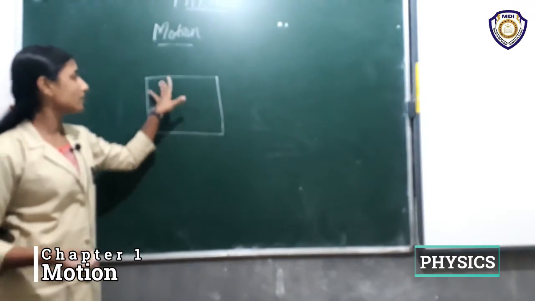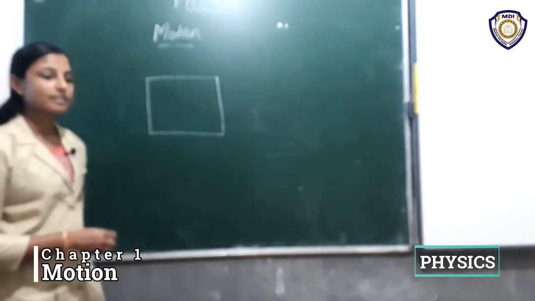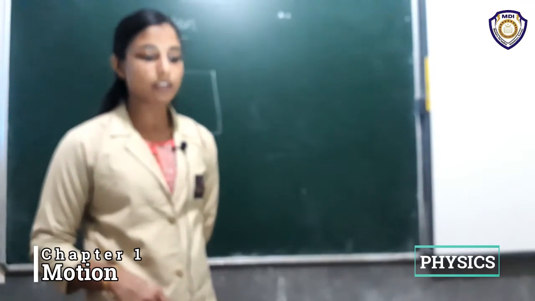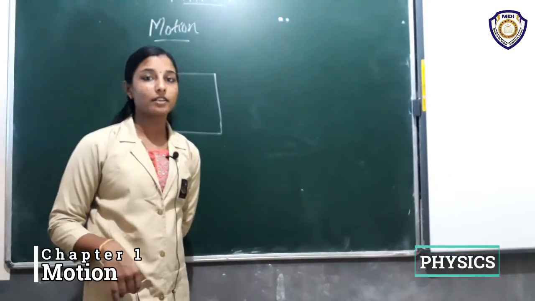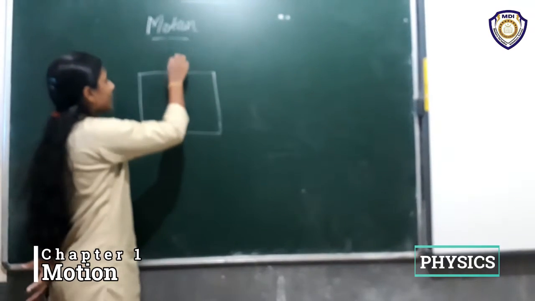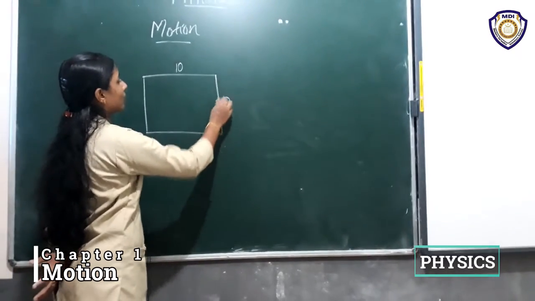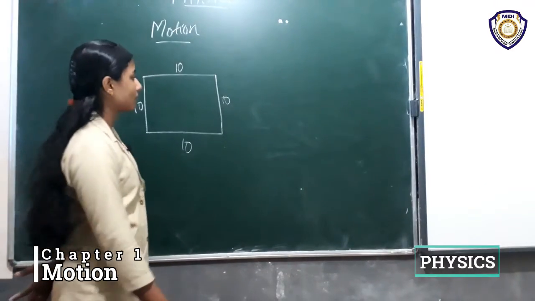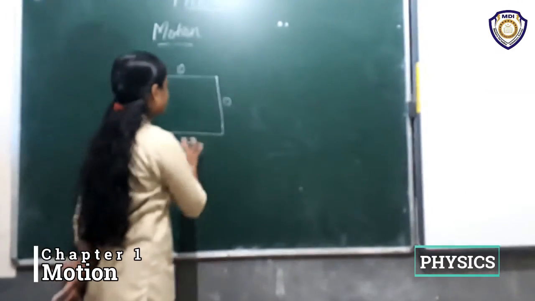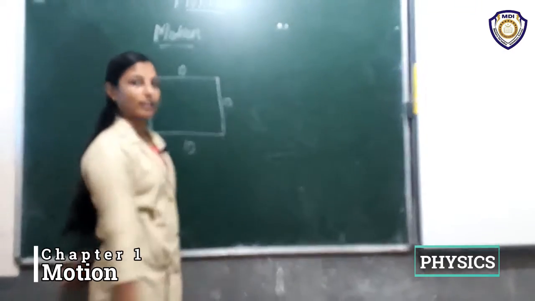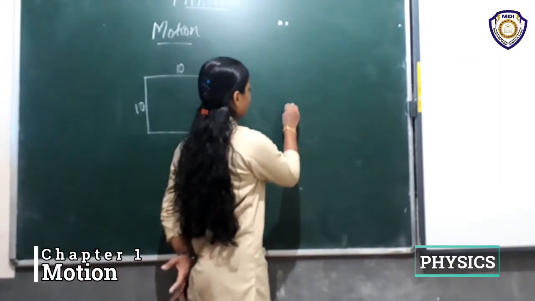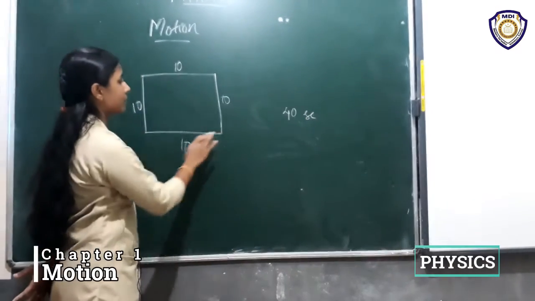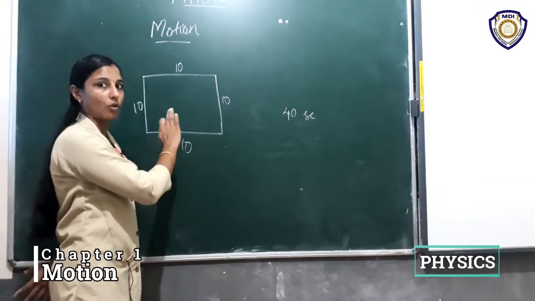Okay. So what is the question? The question says: a farmer moves along the boundary of a square field of side 10 meter in 40 seconds. So all these sides are 10 meter, right? So the farmer moves along this boundary, and he takes 40 seconds to cover the whole boundary, that is one round.